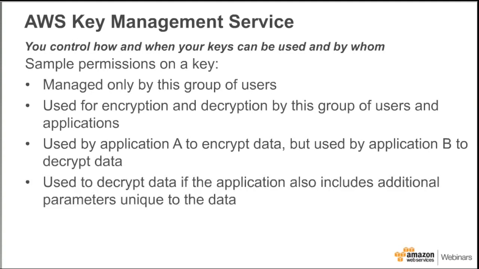You can put further restrictions on the ability to call KMS APIs, such that you may want to ensure that the application or person that is trying to decrypt data is only allowed to do so if they pass additional parameters that are unique to that data.